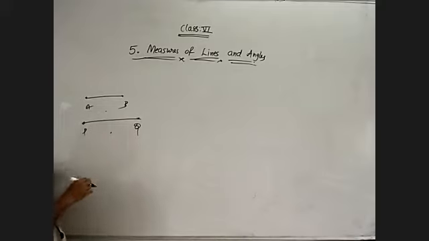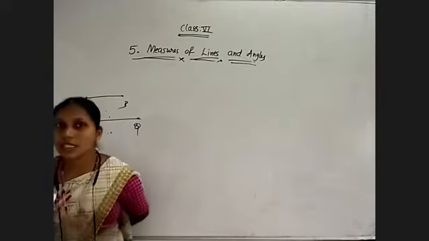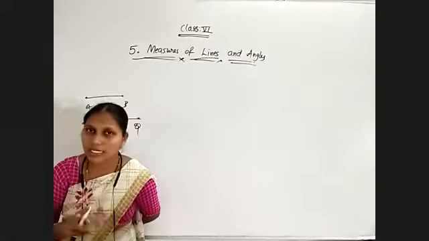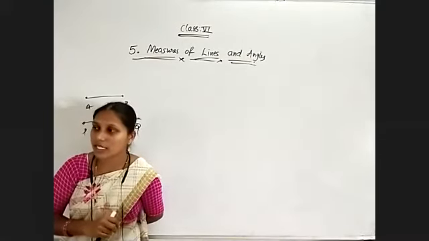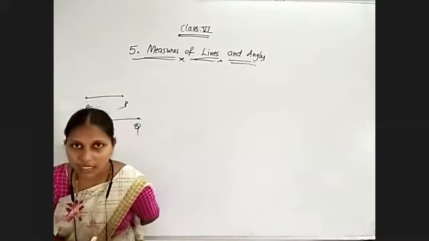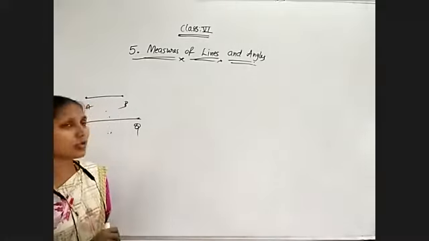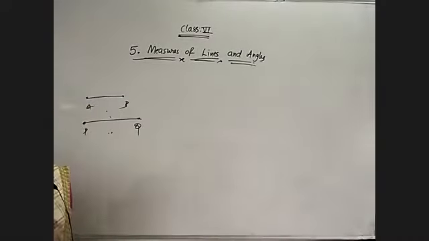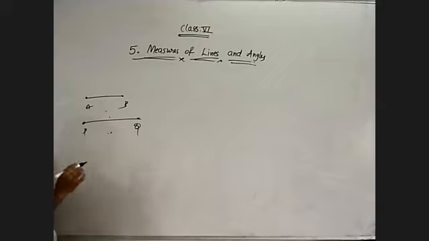So what I told you, to compare 2 line segments, we have 2 ways. First, we can measure the length of those 2 line segments, and after that we decide which one is lesser and which one is greater. But that is difficult to do always. To avoid that difficulty, we have the instrument divider to compare 2 line segments.